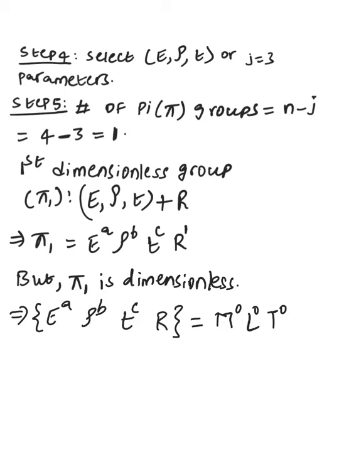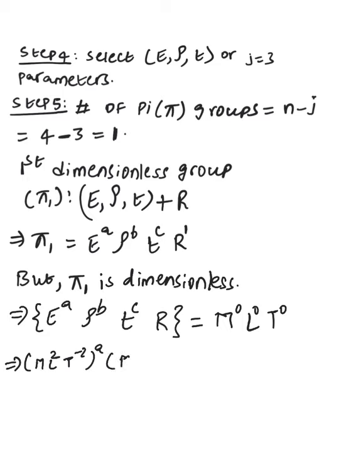Now let's substitute the values of E, ρ, t and r, which were represented as dimensions, and build it up. The first part, E, is (M L^2 T^-2)^a.